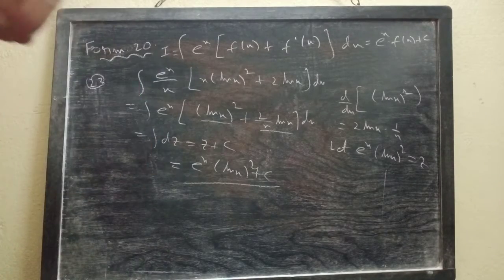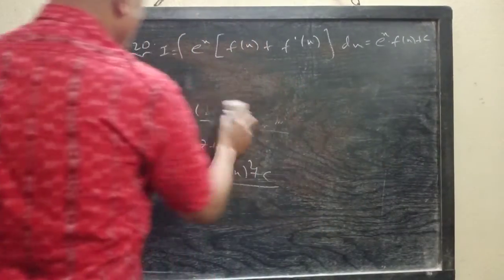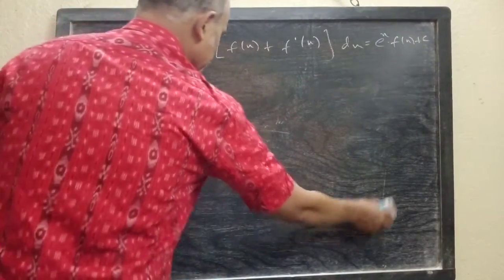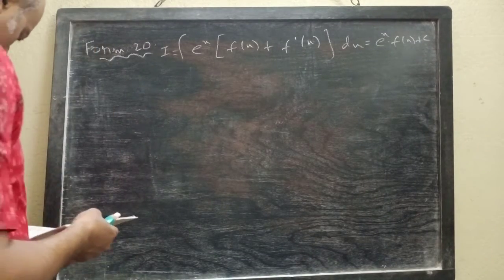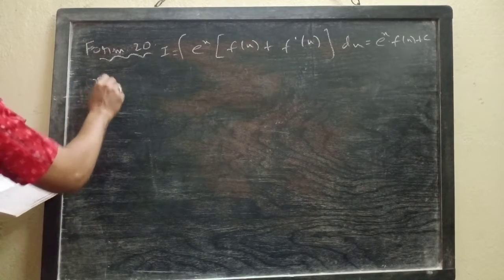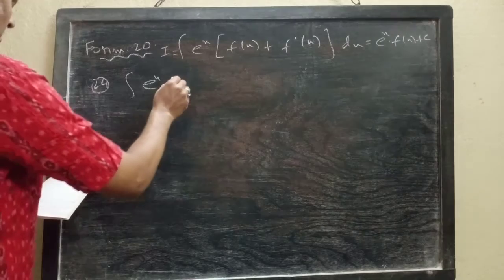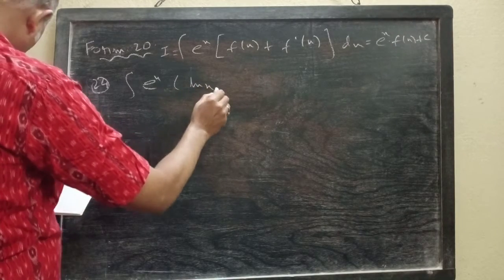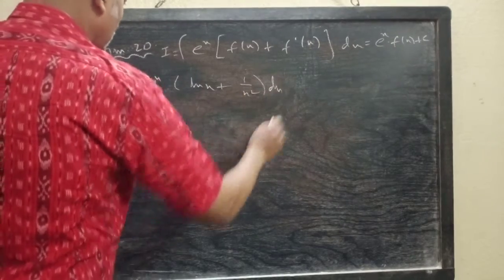Next question will be left as homework because a similar type of question I have solved before. Number 24, integration e to the power x into ln x plus 1 by x square dx.